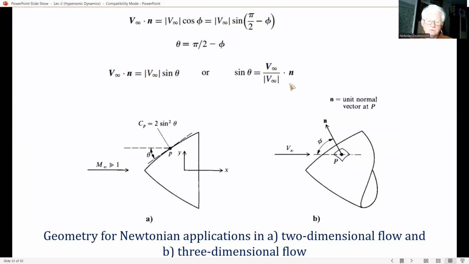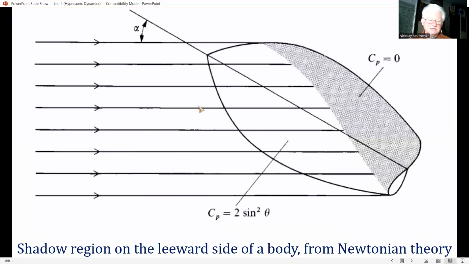So the Newtonian pressure coefficient at point P on the three-dimensional body is then Cp equals 2 sine squared theta, where theta is given by this equation. Okay? So, in the Newtonian model of fluid flow, the particles in the free stream impact only on the frontal area of the body. They cannot curve around the body and impact on the back surface.